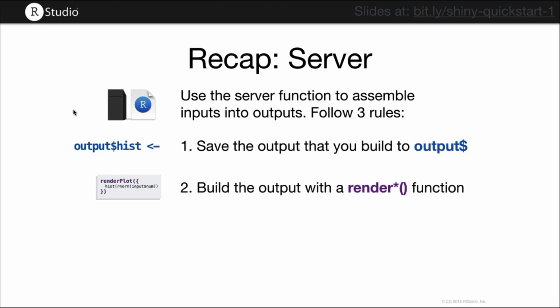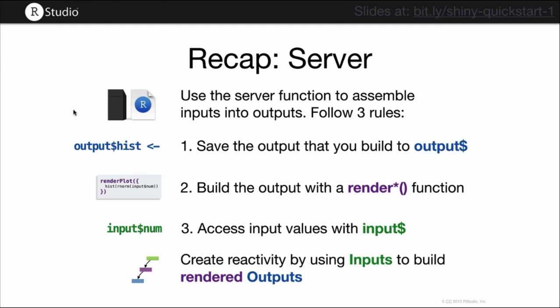The render function helps assemble them into HTML for their final appearance, and it also keeps track of the reactions and the reactivity. And third, access input values with input$ syntax and use them inside the code that you pass to render plot. If you do all 3 of these things, Shiny will make sure the reactivity works for you. The reactivity, in other words, will take care of itself as long as you follow those 3 rules.